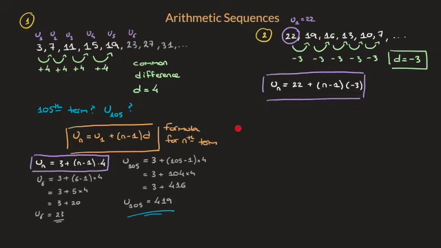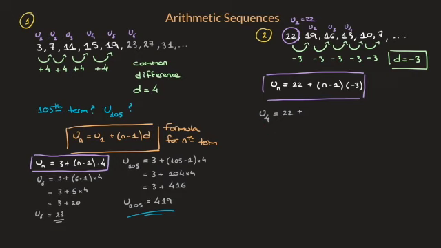And just as I did for the first example, let's quickly check that this actually works. For that, let's calculate the fourth term, so u sub 4, which we have at the top here, so we could quickly check the value. Indeed, we know that u2, the second term, is 19, u sub 3 is 16, and u sub 4 should be 13. So let's check if that's indeed the case. So u sub 4 should be equal to 22 plus n minus 1, but in this case I replace n by 4.